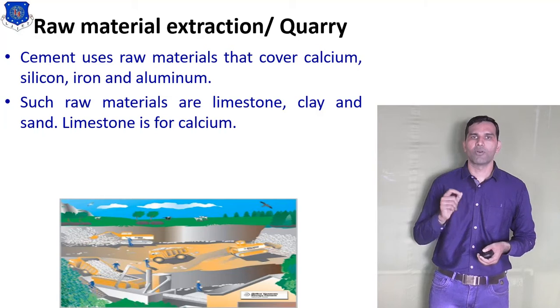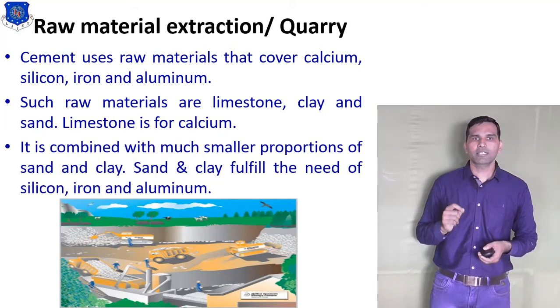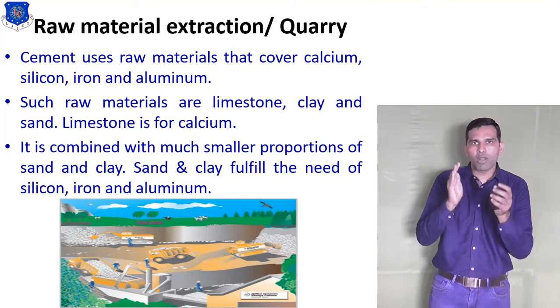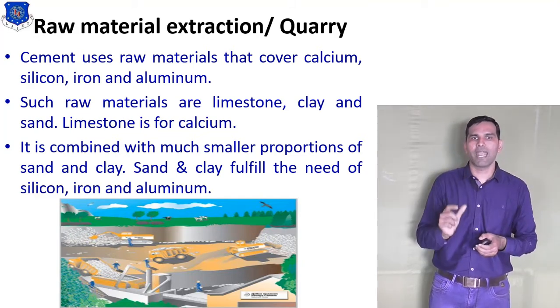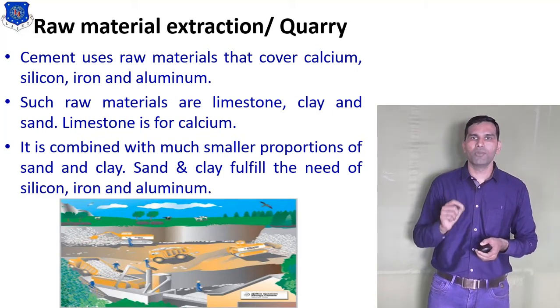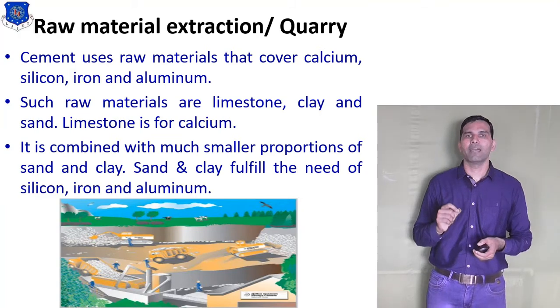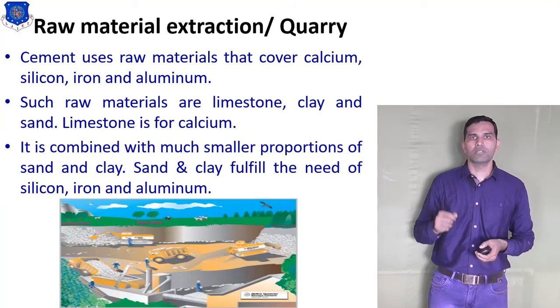Limestone is for calcium. It is combined with a much smaller proportion of sand and clay. Sand and clay fulfill the need for silicon, iron and aluminum. So these are the raw materials of cement.